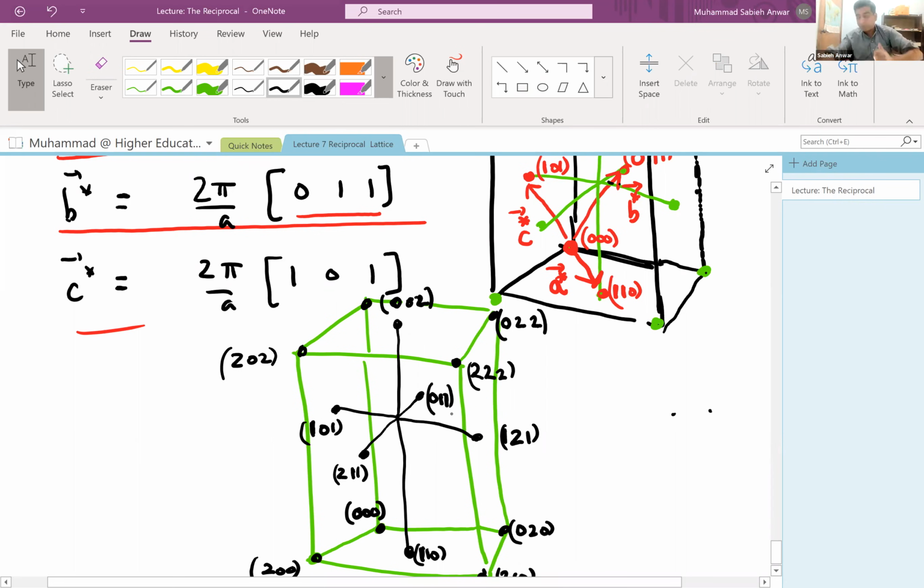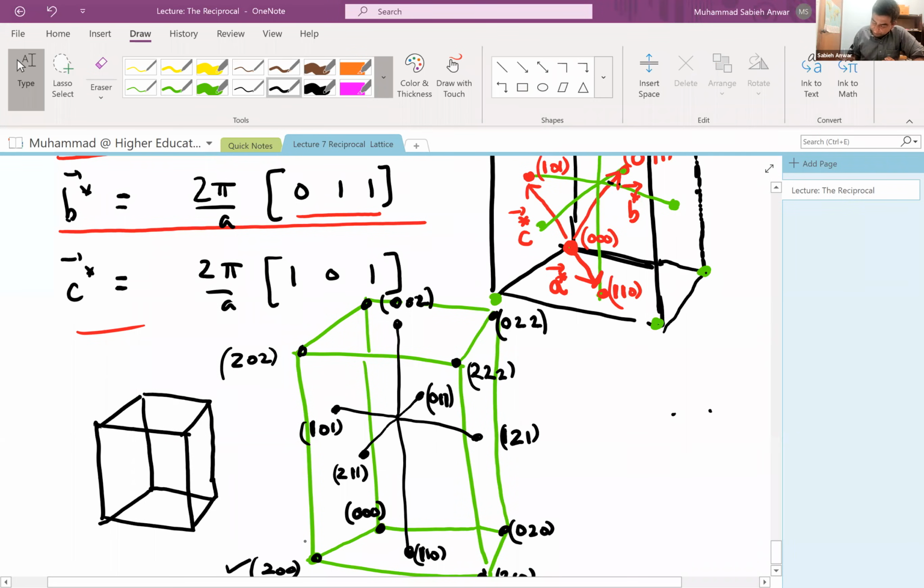And you could look at your body centered direct lattice and draw planes inside this body centered. For example, this point here, 2, 0, 0, corresponds to a plane that I would like to draw right now.